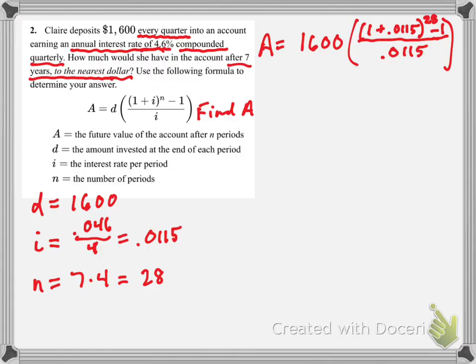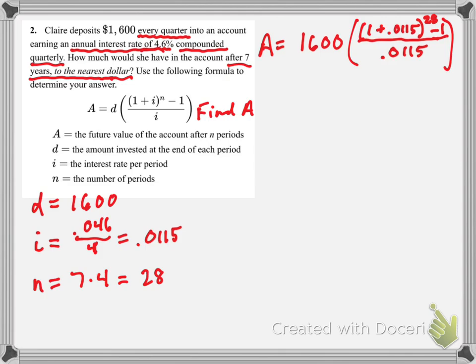So we put that in the calculator. So 1,600, parentheses, control, divide, that makes my fraction, parentheses, 1 plus 0.0115, parentheses.